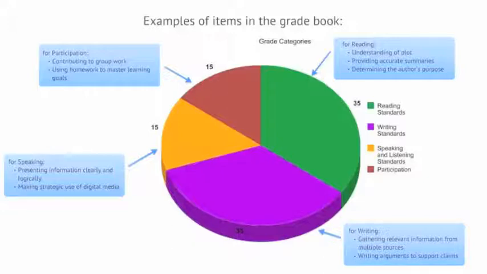We can still weight different sections of our grades, but instead of having things like, for reading, Chapter 1 reading log or vocabulary quiz number 3, instead of those kinds of items being in our grade book, we would have, for example, understanding the plot, providing accurate summaries, and these would be standards or items or skills or competencies that would be listed in our grade books, and the scores would be changing over time, so that the student's entire grade is made up of how they performed on standards that we believe are important for passing our courses.